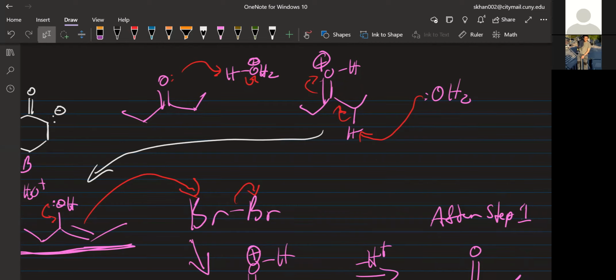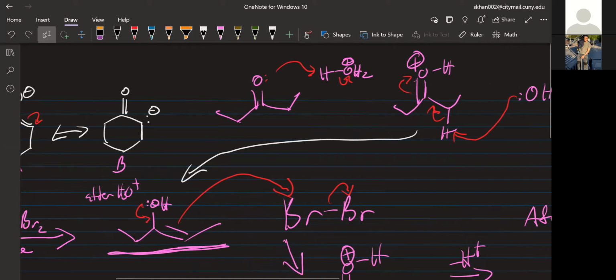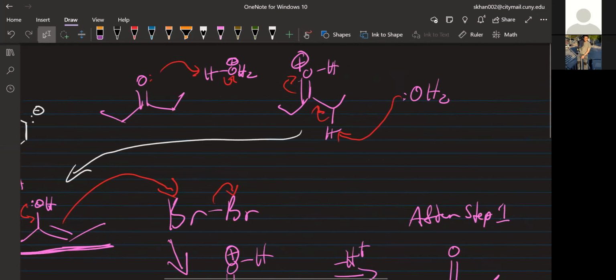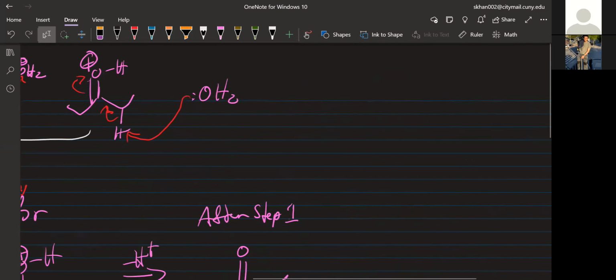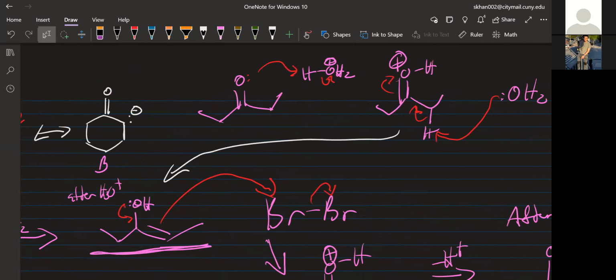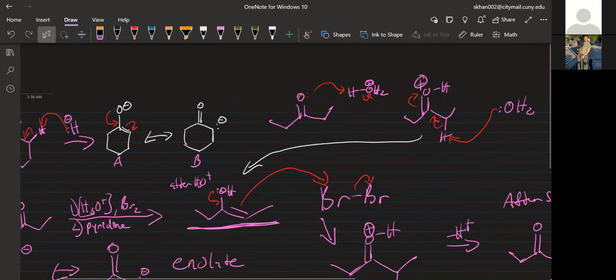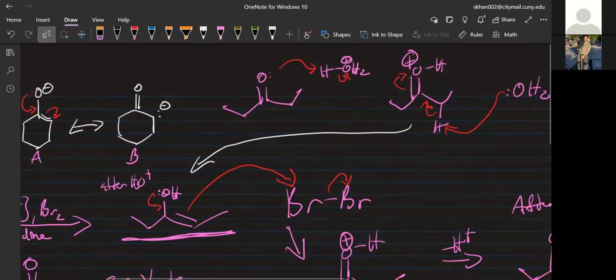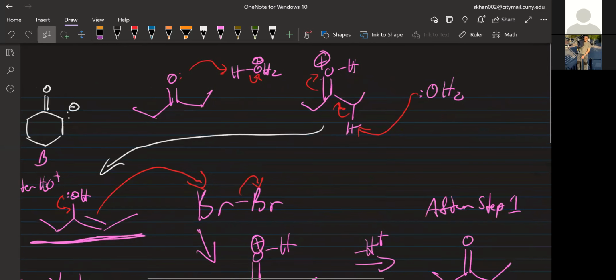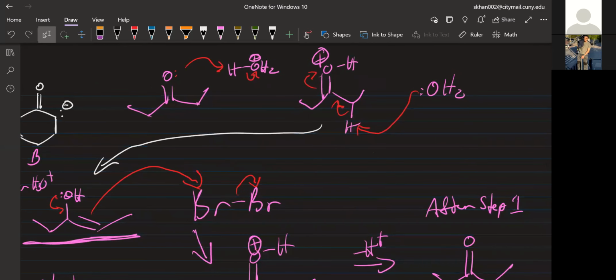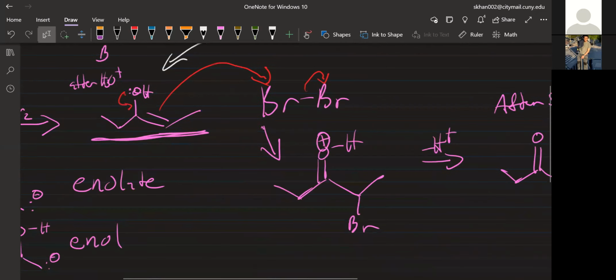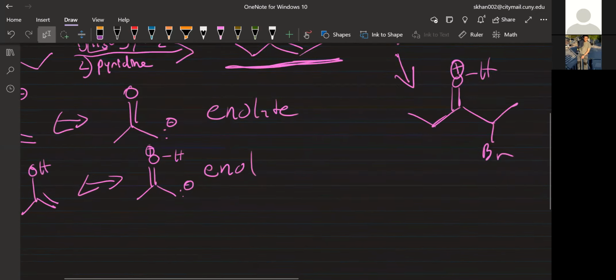And then they're tautomers of the original carbonyl, right? The tautomer essentially is just kind of a difference in a proton location if you think about it, right? That's all really what a tautomer is: the proton is in a different place.